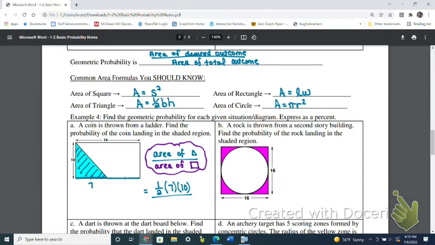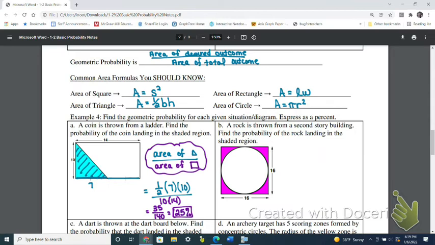So that is length times width. So it's 10 times 14. So I multiply the top, I get an answer. So it's 35. Bottom is 140. Divided out, I get 25%. So I have a 25% chance of throwing a coin from a ladder and getting into that triangle.